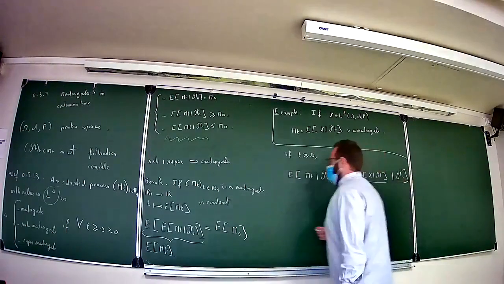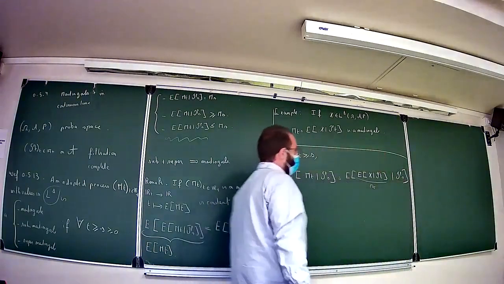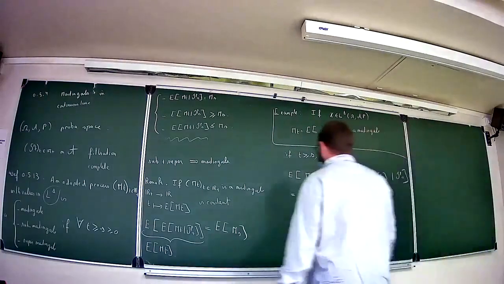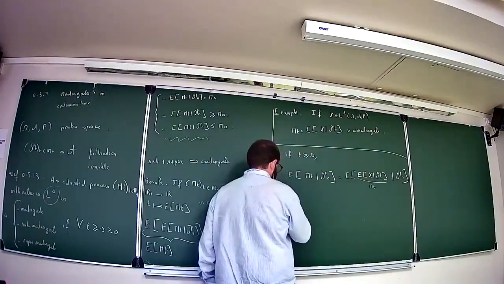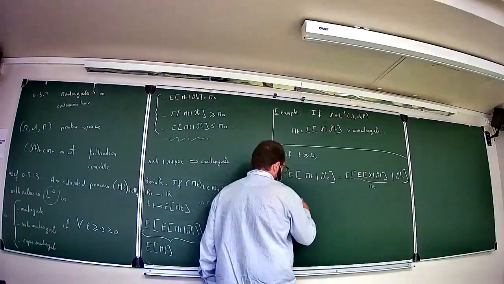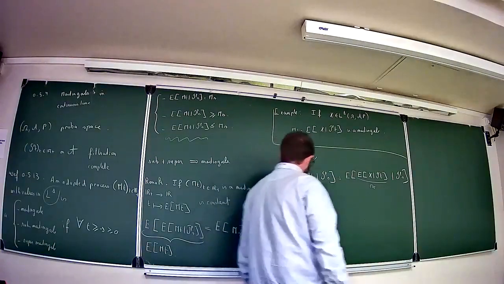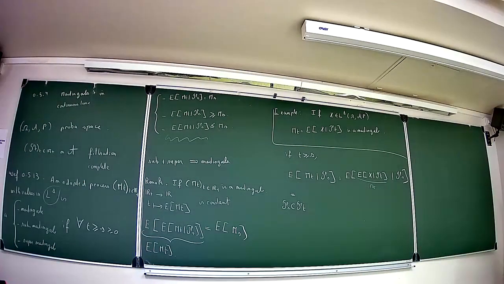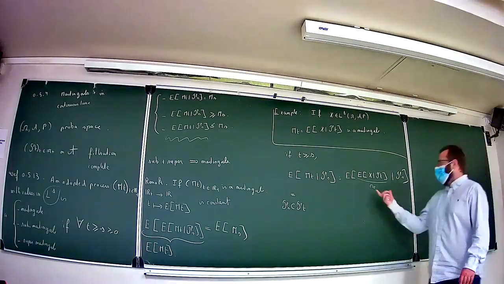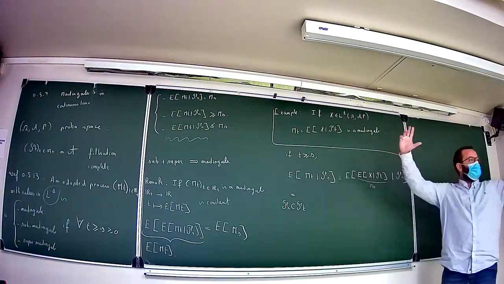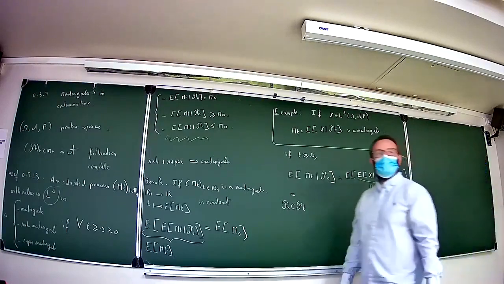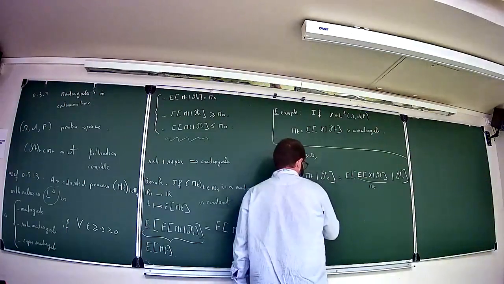And now I agree with you that we use the fact that we have a double conditional expectation, with Fs included in Ft. In the lecture notes, it's exactly what I have called the tower property of conditional expectation. If you do the conditioning with respect to a big sigma algebra, then with respect to a little one, it's like you do the conditioning with respect to the little one directly.